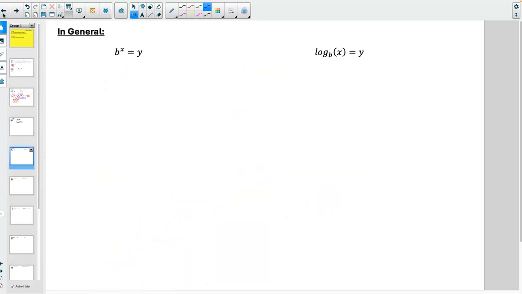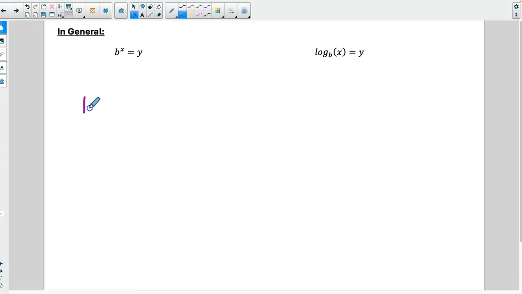So it's still the first page. This is on the bottom. So in general, what does it look like? You're going to be asked to do this on your homework. Basically, can you change forms? Not solve anything. There's no way I can solve for b because I don't know x and y. I'm just asking you, can you change forms? So let's change forms. Inverse operation here is going to be a log. What's my base? What letter?